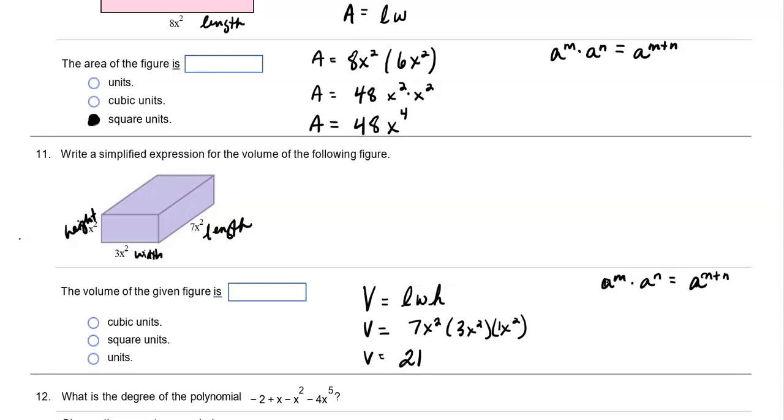And now we're multiplying the x squared times x squared times x squared. So keeping with the product rule, we keep the like base, which is x, and we add the exponents. So 2 plus 2 plus 2 is 6. So 21x to the 6th power is the answer, and that's in cubic units.